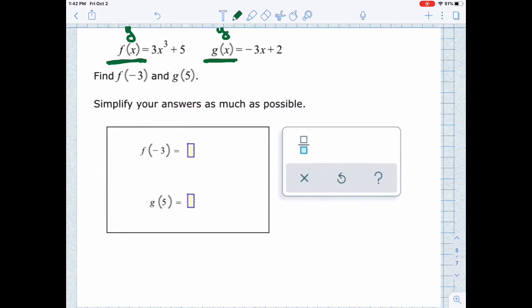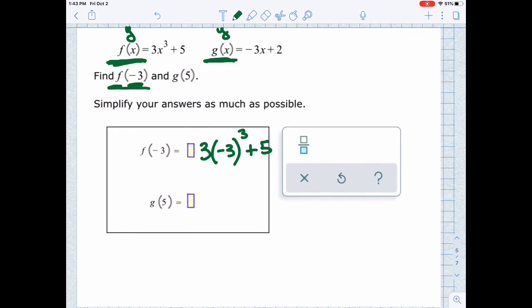This one happens to be cubic and this one happens to be linear. It's fine, but if I ask you for the f of -3, I'm asking you to plug -3 into f, not g. So in order to do the f of -3, I'm going to do 3 times negative 3 to the third power plus 5, because I'm picking the f of x equation.